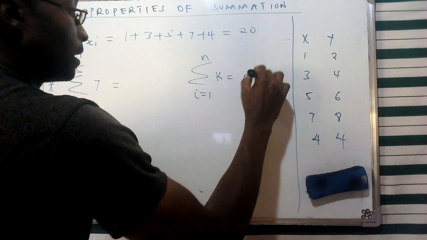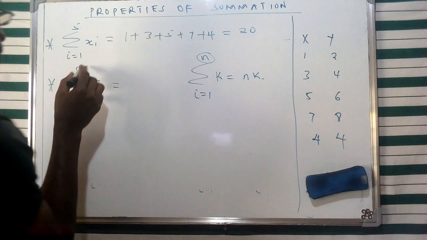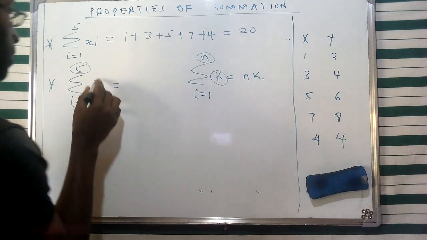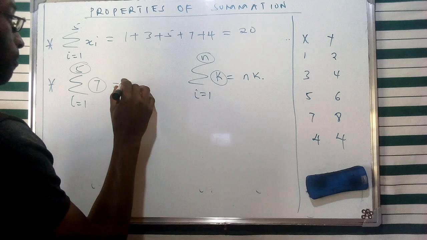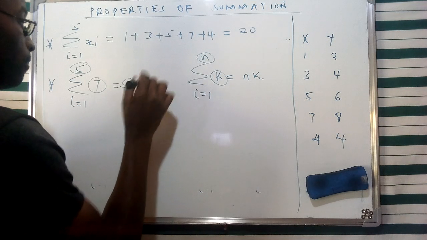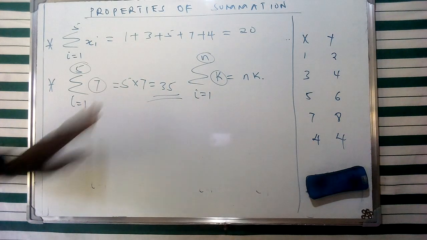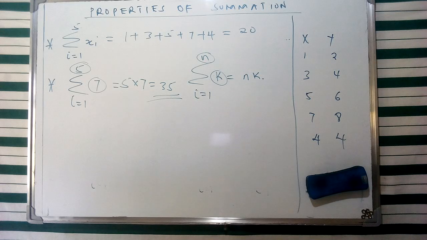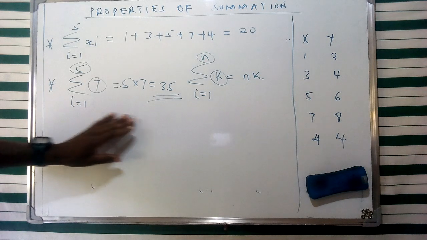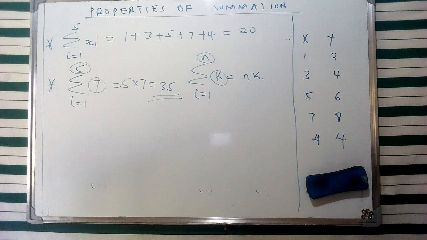This is equivalent to nk. So the value of n in this case is 5, and k is 7. So this is the product of 5 and 7, which is 35 in this case. So that's how we can use the summation of a constant. We're also going to treat other values of this representation using the various rules which I've previously mentioned to find values of this concept of summation, and that's going to entail some of the properties of the summations which we have discussed.